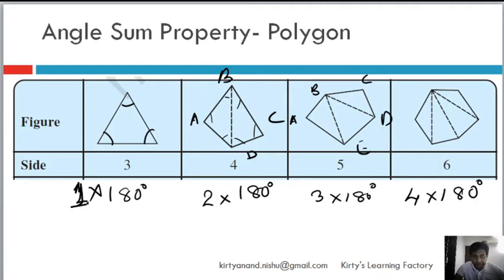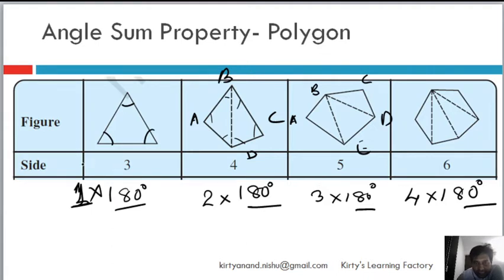Now we are going to use a little bit of algebra to establish a relationship, writing a generic expression using a variable, where 180 will be constant. Depending on the value of n, my expression should give me these numbers 1, 2, 3, 4. That's how a formula is typically created. For 3 sides it is 1, for 4 it is 2, for a pentagon with 5 sides it is 3.